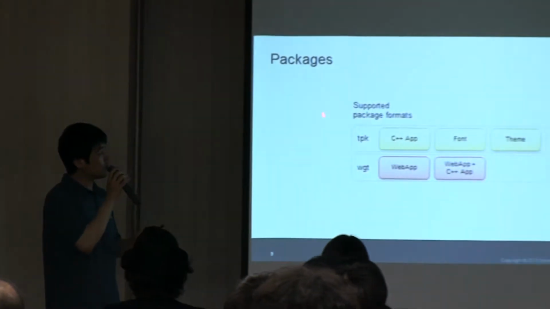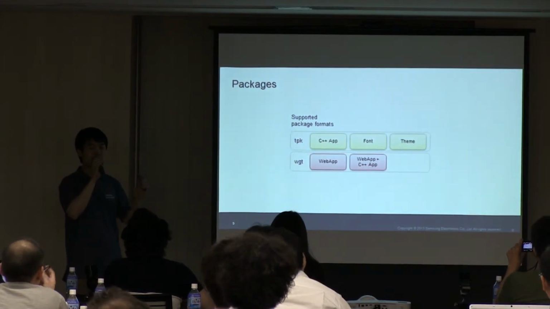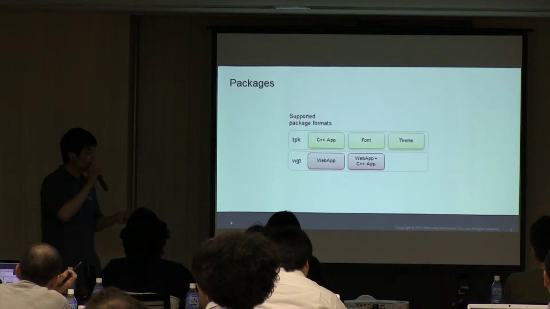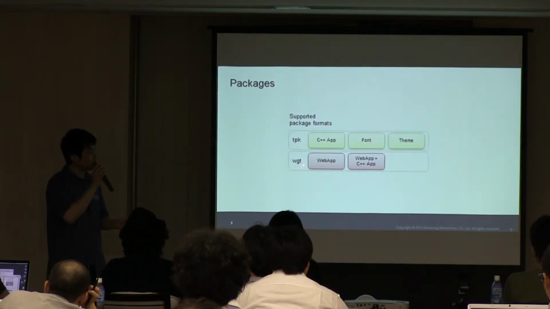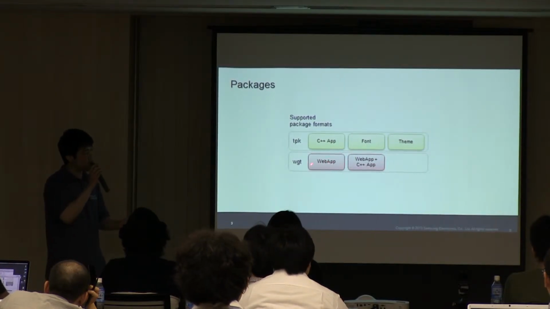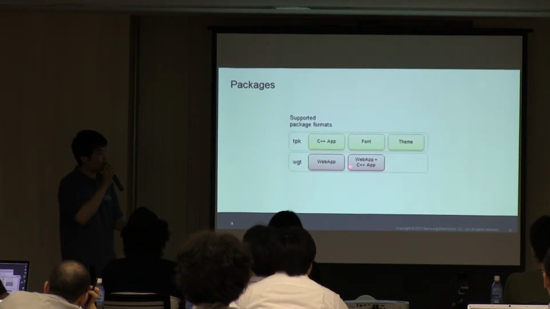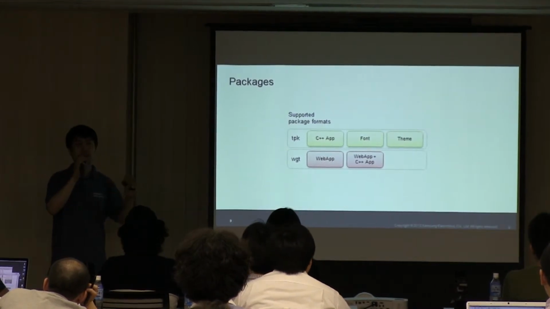Okay, this is a picture of the message port. Same as that. And these are the packages. TPK is the package of the native application. WGT is the package of web applications, and WGT means widget. A web package can contain only one web application, or you can put two applications in it, a web application and a C++ application, which is mostly a background application.